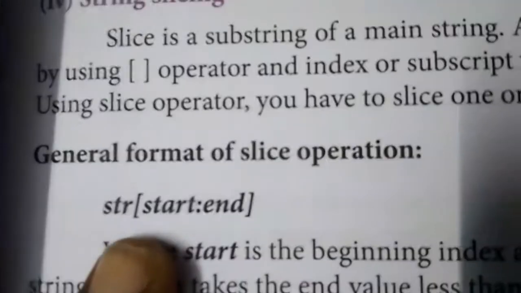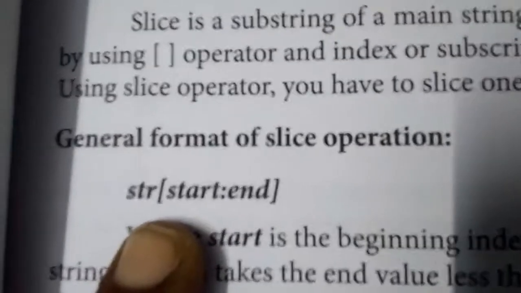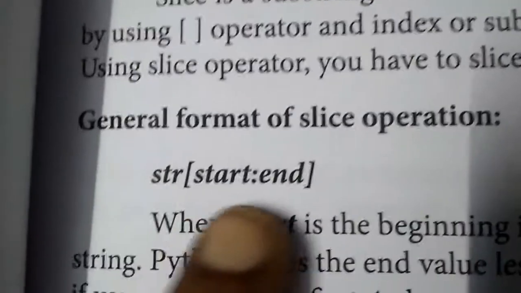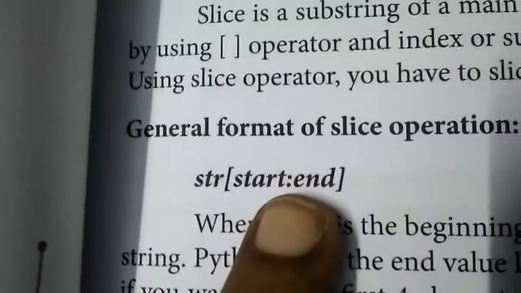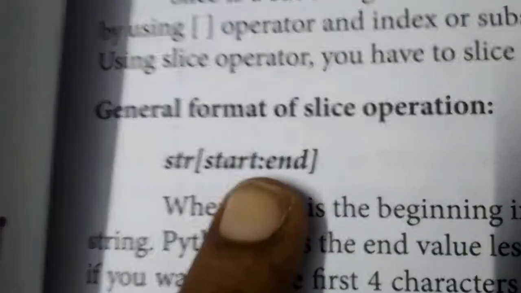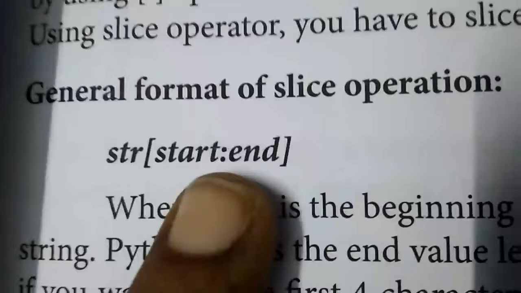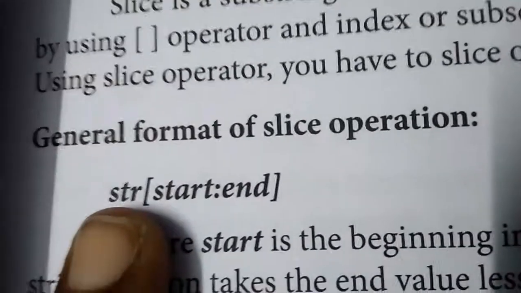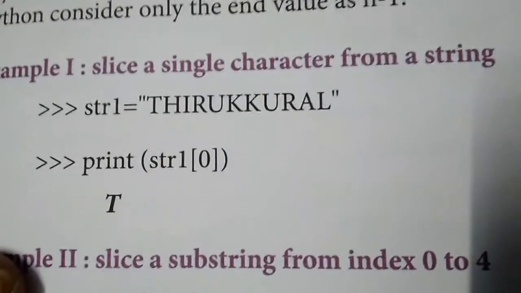For the slice operation, we have a general format: string, start to end. This colon represents how many characters I need to display. So this is str[start], and str means string value. Now let me explain the first example.